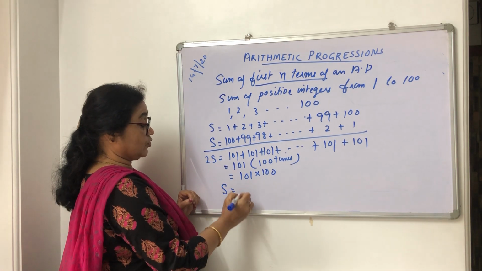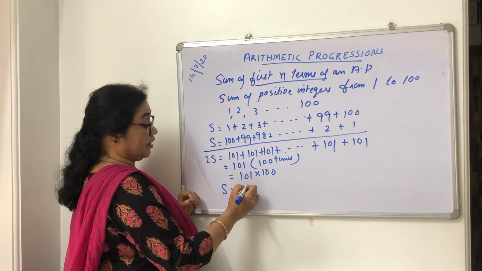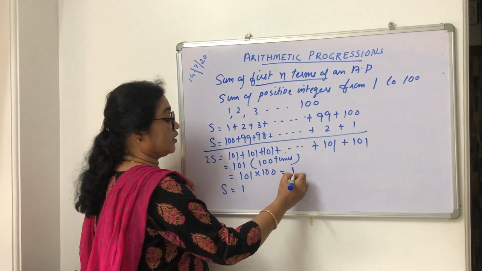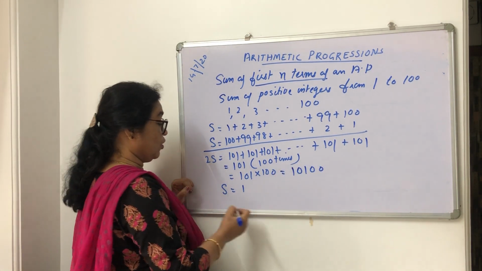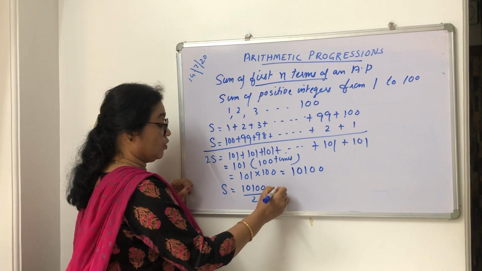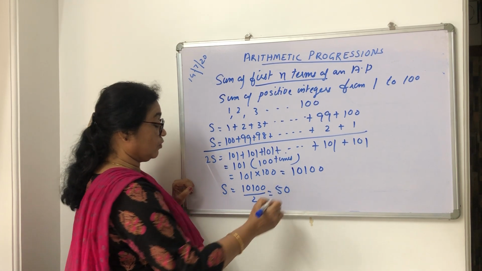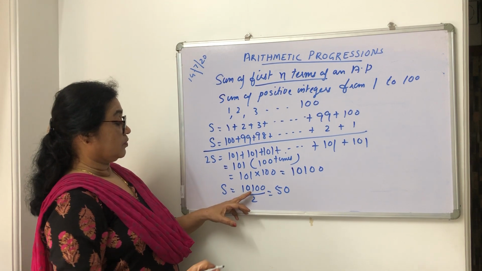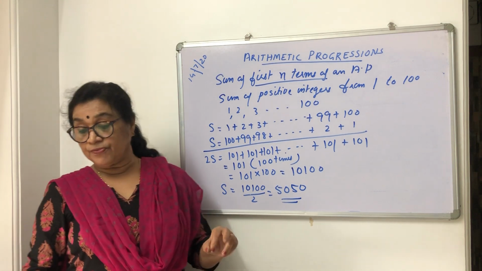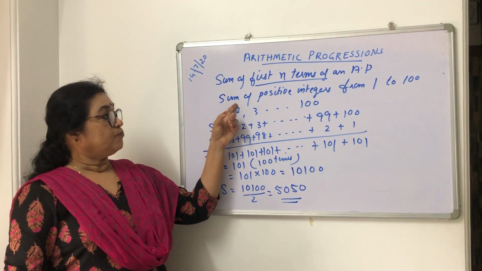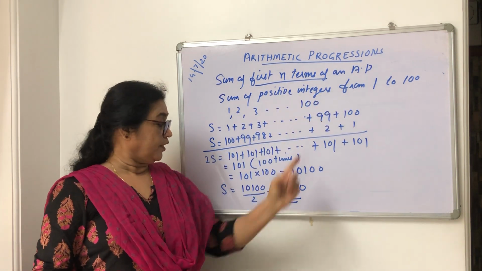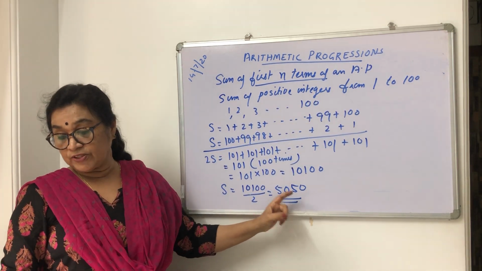So 2S is equal to 100 into 101, which is 10100. S is equal to 10100 by 2, which is 5050. Therefore, the sum of the first 100 positive integers from 1 to 100 is 5050.